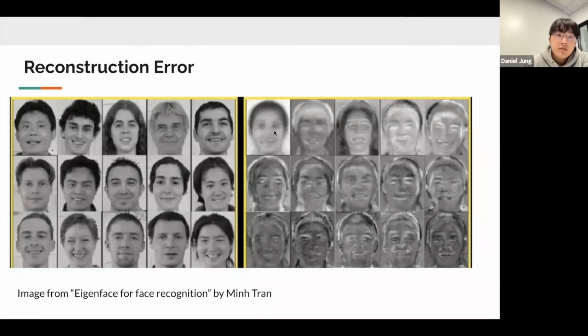So if you want to reconstruct a face image from this image to this image, you will be able to make a similar face image from here to here. If the result differs a lot, you have a lot of reconstruction error. If you reconstruct almost the same image, then you have a very low reconstruction error.